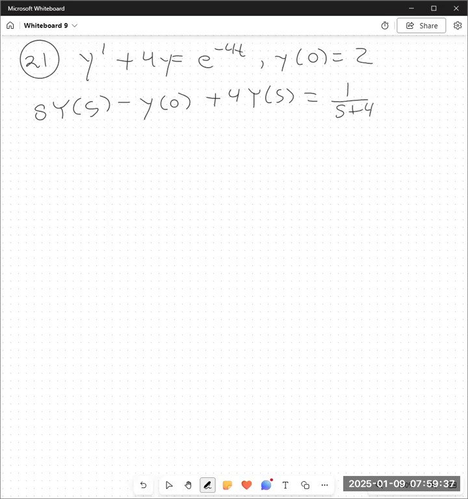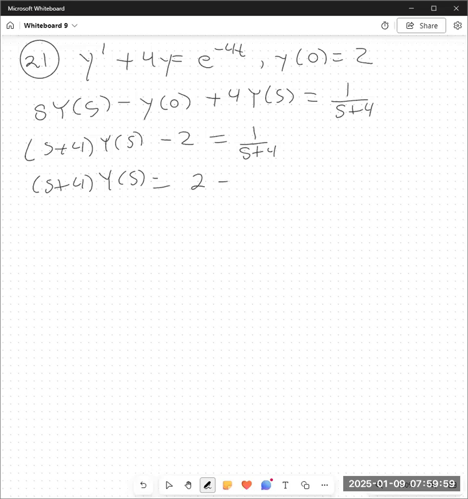So this is s plus 4 times capital Y of s minus 2 equals 1 over s plus 4. So s plus 4 times capital Y of s is equal to 2 plus 1 over s plus 4.